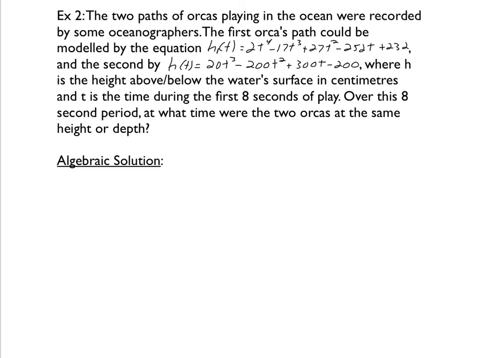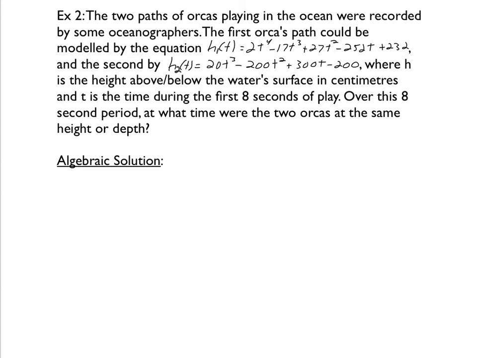And the second by, let's call this h2(t), which is 20t cubed minus and so on, where h is the height above or below the water surface in centimeters, and t is the time during the first 8 seconds of play. Over this 8-second period, at what time were the two orcas at the same height or depth?